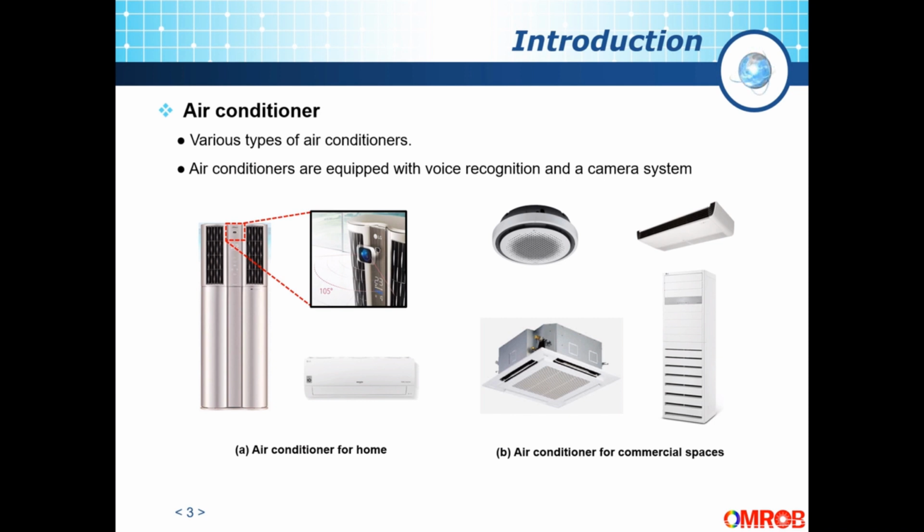Only standing type air conditioners are equipped with voice recognition and camera systems. In many scenarios, we focused on human recognition when the camera systems are mounted overhead, using appliances such as a ceiling-mounted air conditioner.